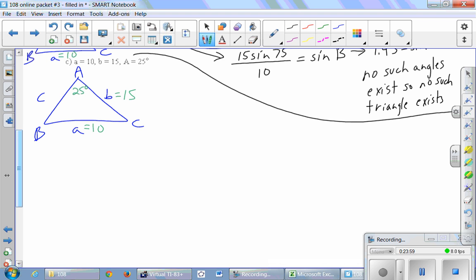Let's try the law of sines just like we did before. Sine of the angle divided by the opposite side is equal to sine of some other angle divided by its opposite side. The only other side I have is 15, that's b, so that's also B. Multiply both sides by 15.